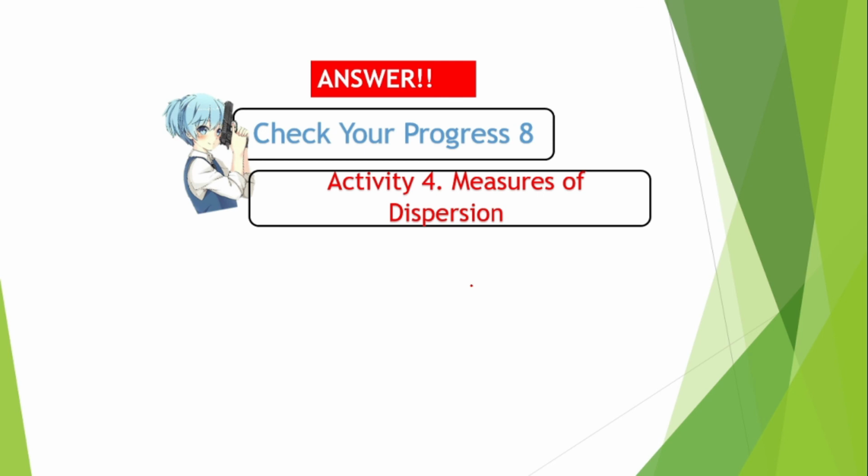So, I hope that you understand well our discussion. These measures of dispersion, if we are going to summarize it, are the scatteredness or the variability of the given set of data, and the most common examples of the measures of dispersion are the range, the standard deviation, and then the variance.